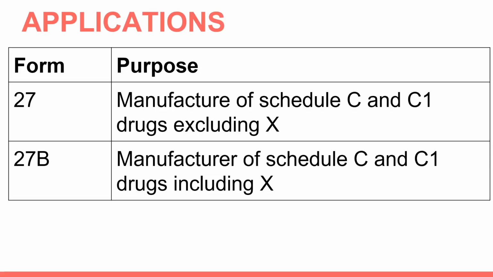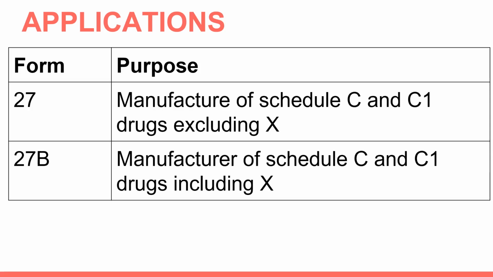First of all, we will see some applications. If you give an application in form number 27, you will get a license to manufacture Schedule C and C1 drugs, excluding Schedule X drugs. As said earlier, form numbers 27 and 28 are related to Schedule C and C1 drugs.